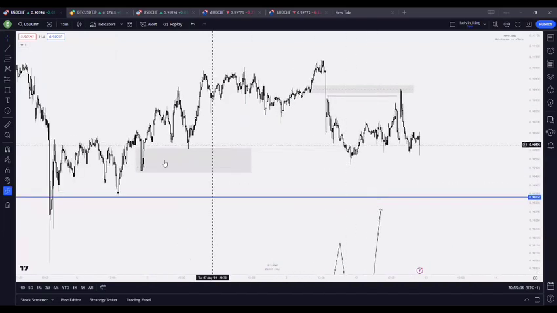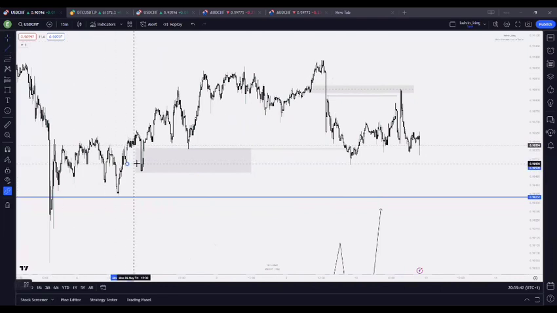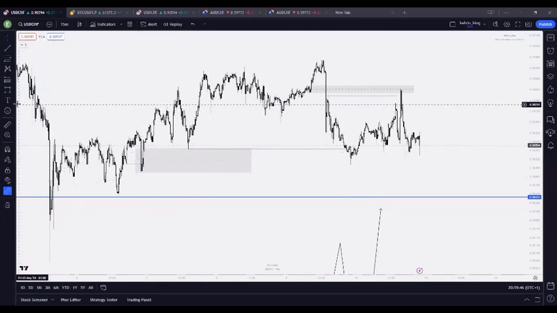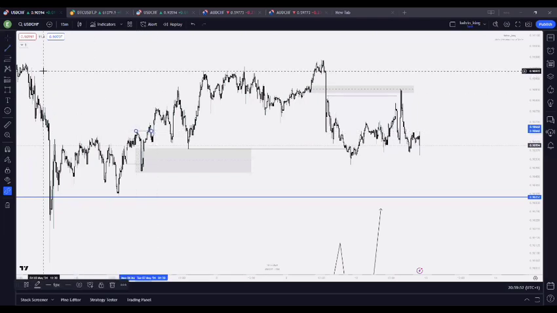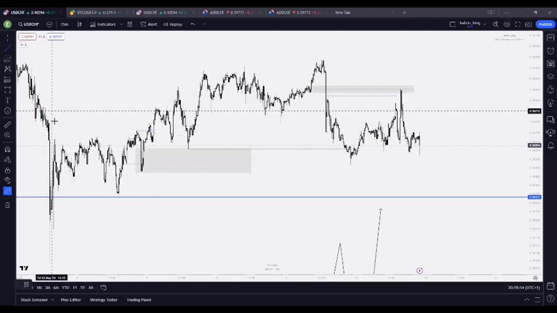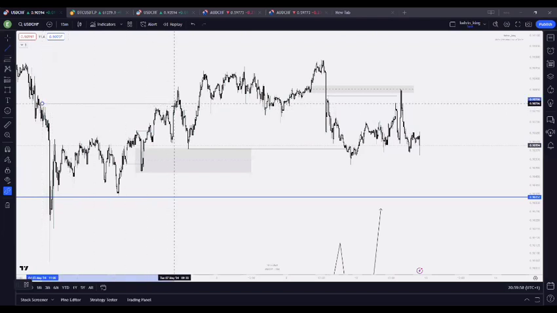Now, see this particular zone again. We had a sweep and we had a break. In fact, we even cleared this particular zone.